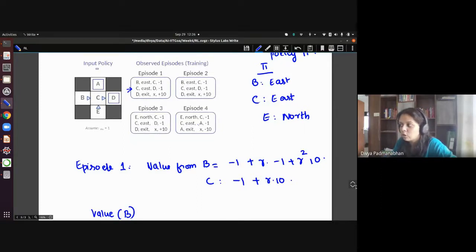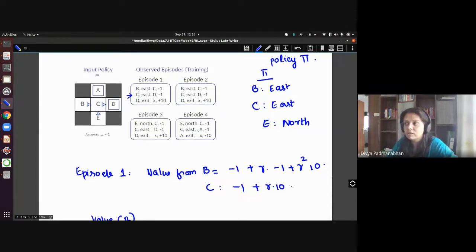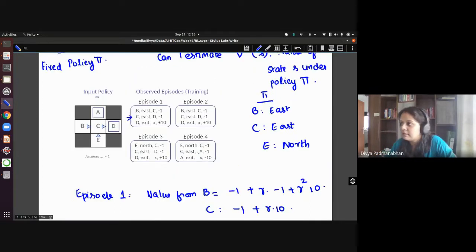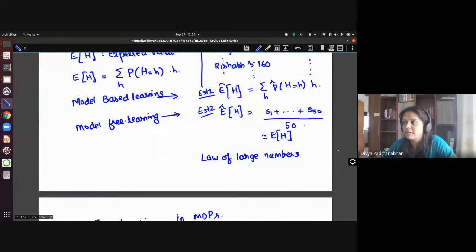The value of a state is a random quantity here, because there is some probabilistic information: you don't know which state you're going to land up in, and there is a value associated with those states also. Using this idea, we saw this model free learning idea: you have these samples and you divide by the total number.